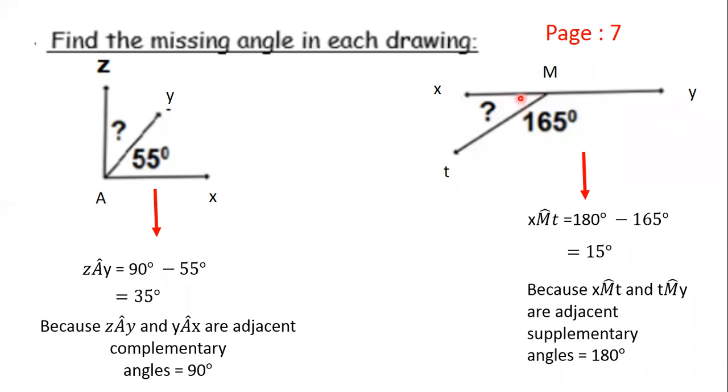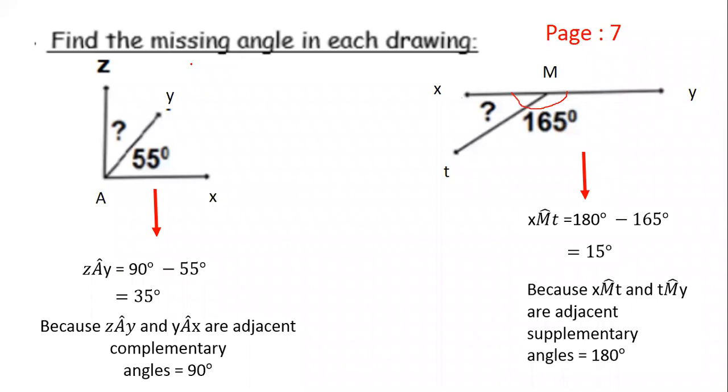So two together are of measure 180 degrees. If you can see here, these two together are 180 degrees. To find the measure of the second angle, I subtract 165 from 180 degrees to get 15 degrees.